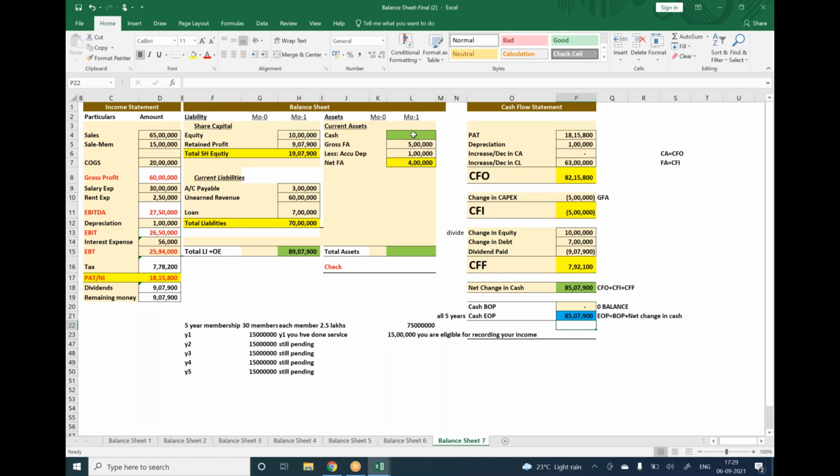So your cash will equal EOP, enter. The total assets will be cash plus net fixed assets. Is it not matching?